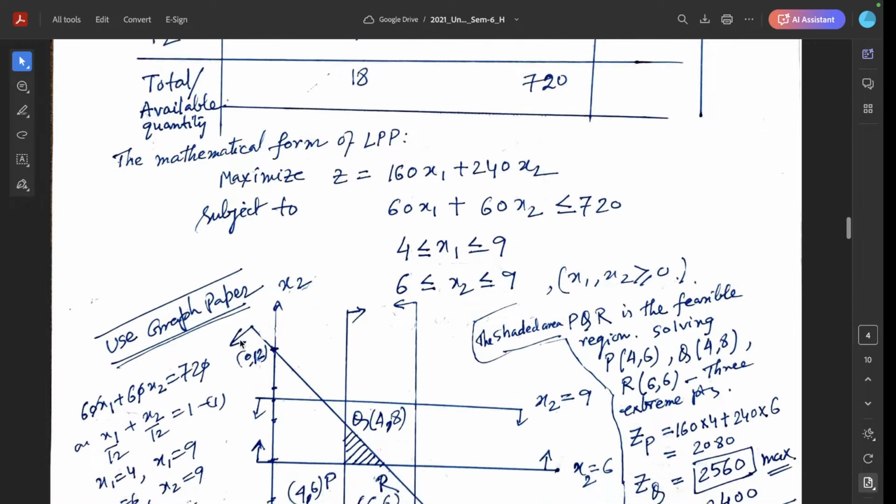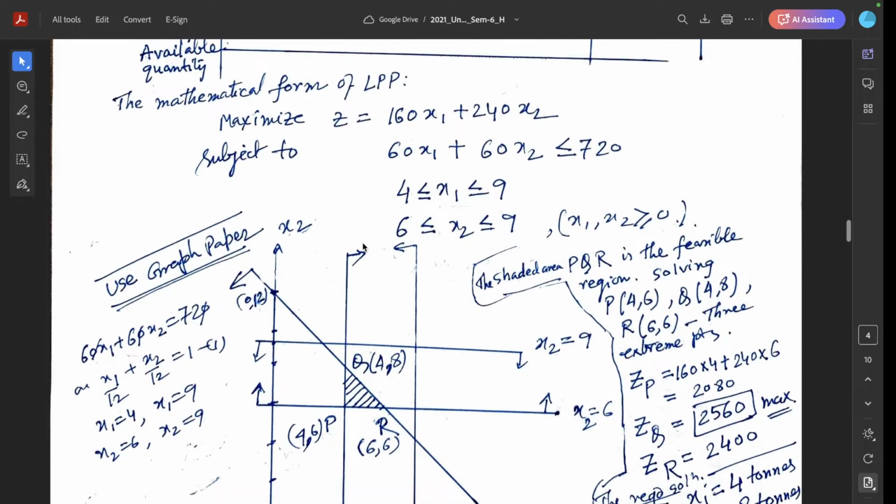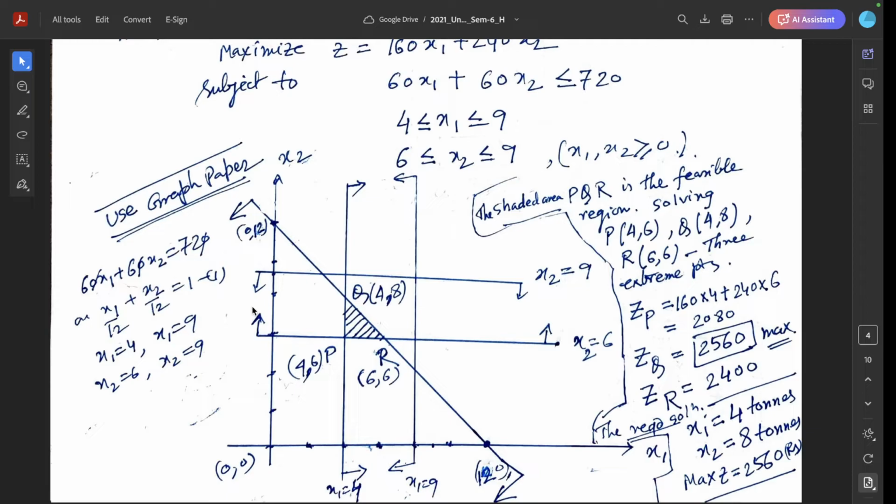Use graph paper for drawing this graph. So this is the x1 axis, this is the x2 axis.